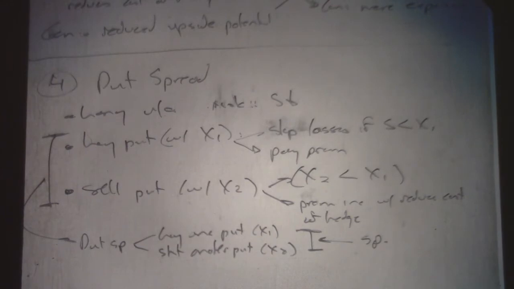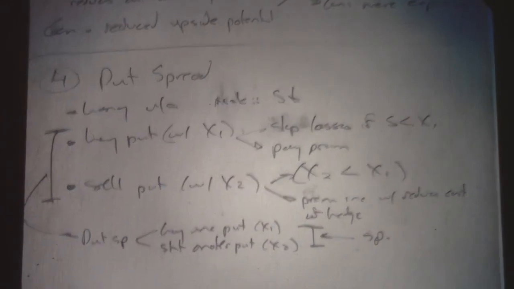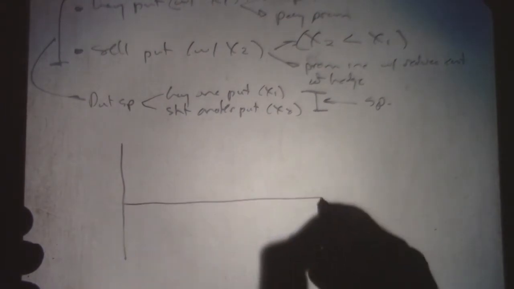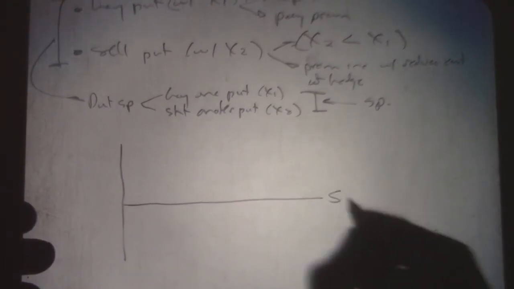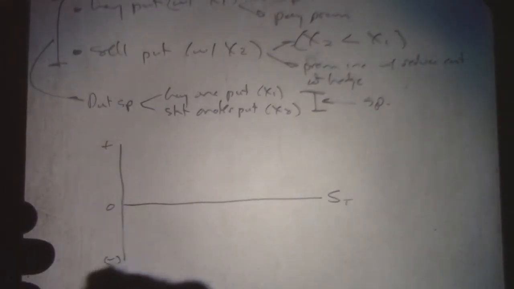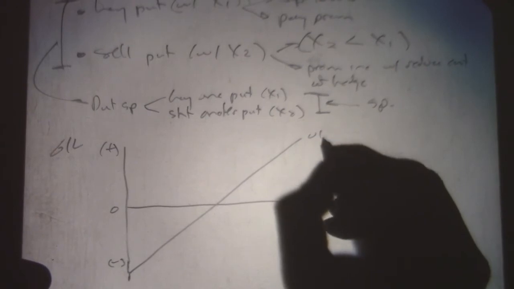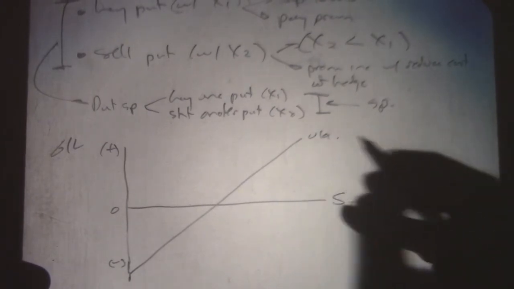So let's see how this baby looks. And of course, what am I plotting here? G&L, gains and losses. So of course, that's our underlying asset, right?